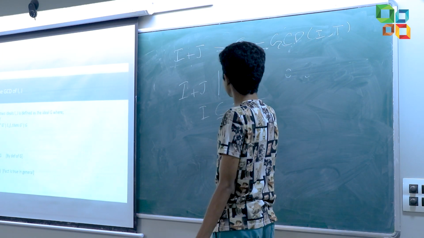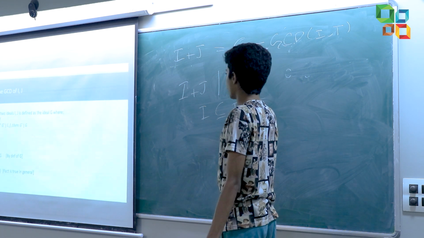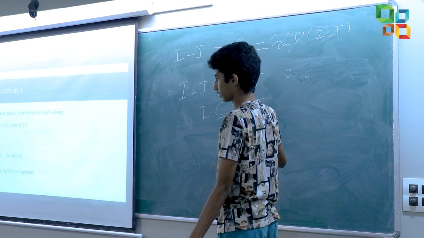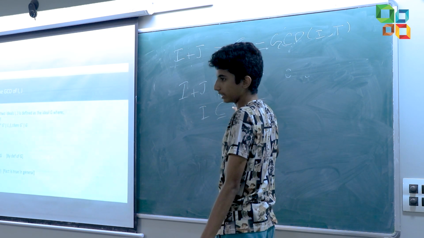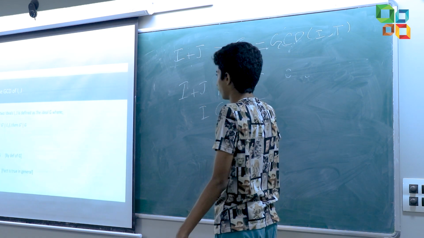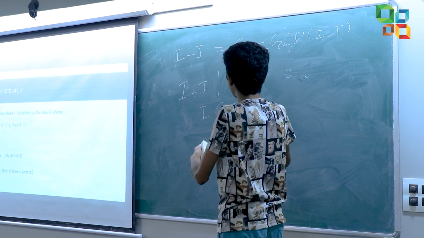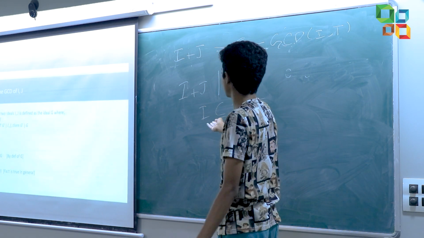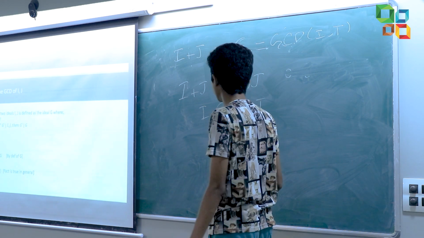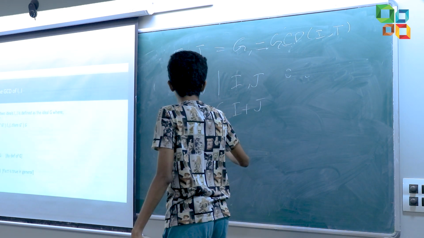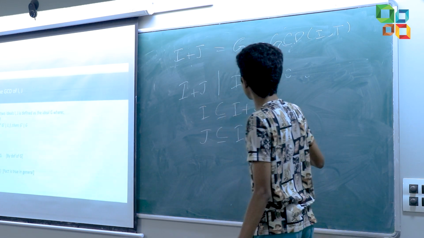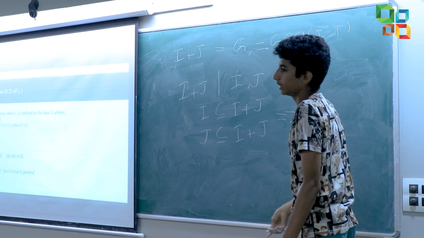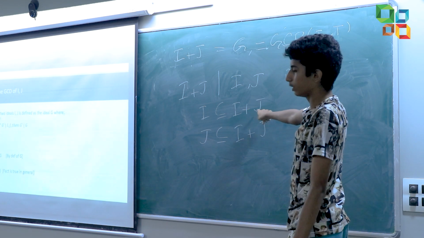So you pick 0 from J, and you add every element of I to it. I is contained in I plus J. But what about if you pick some other element from J, right? Then there are more elements that are not in I. So clearly I is a subset of I plus J. Similarly, with similar logic, J is a subset of I plus J. What did the definition of divisibility tell you about this?